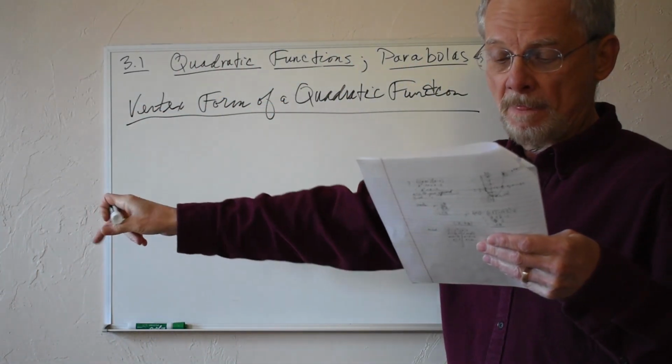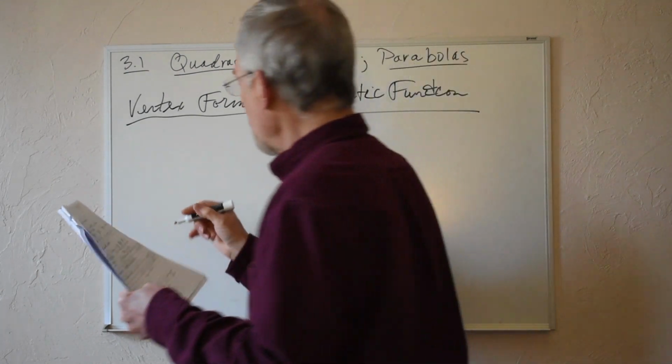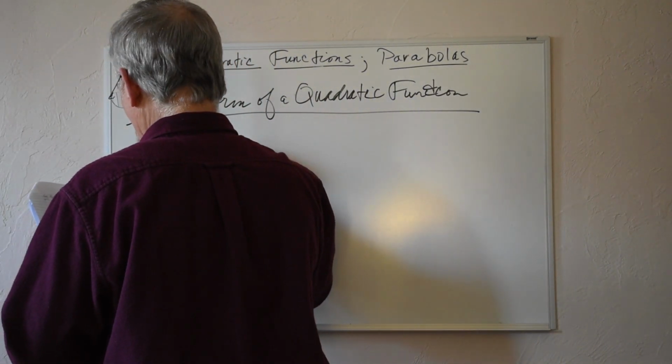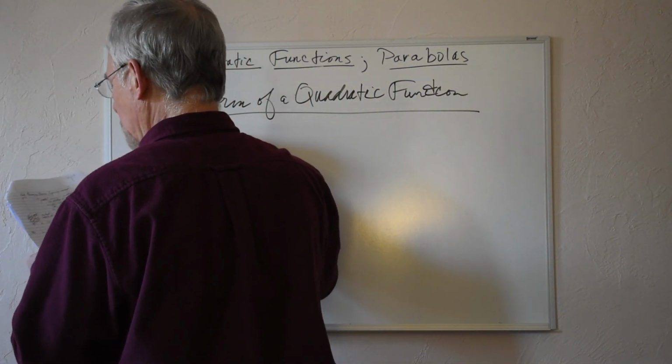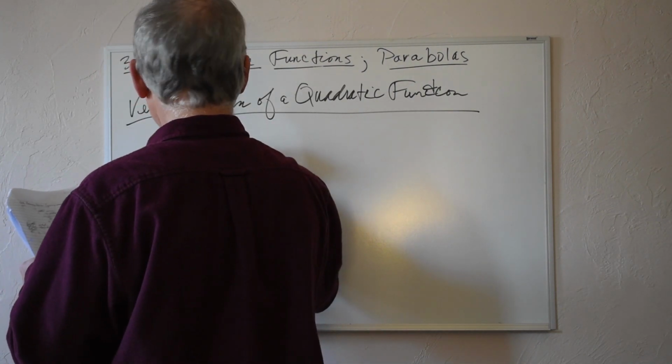Vertex form. Vertex form looks like this, and this should be on about page 173 or so.